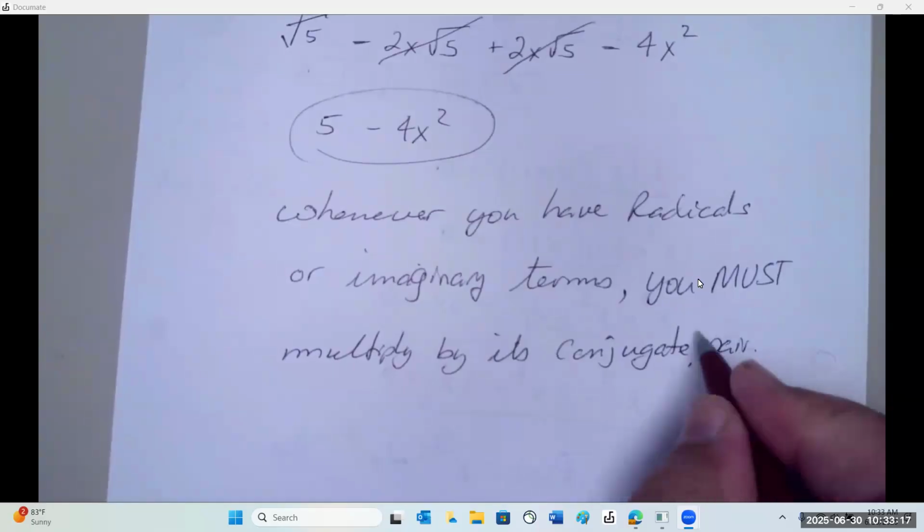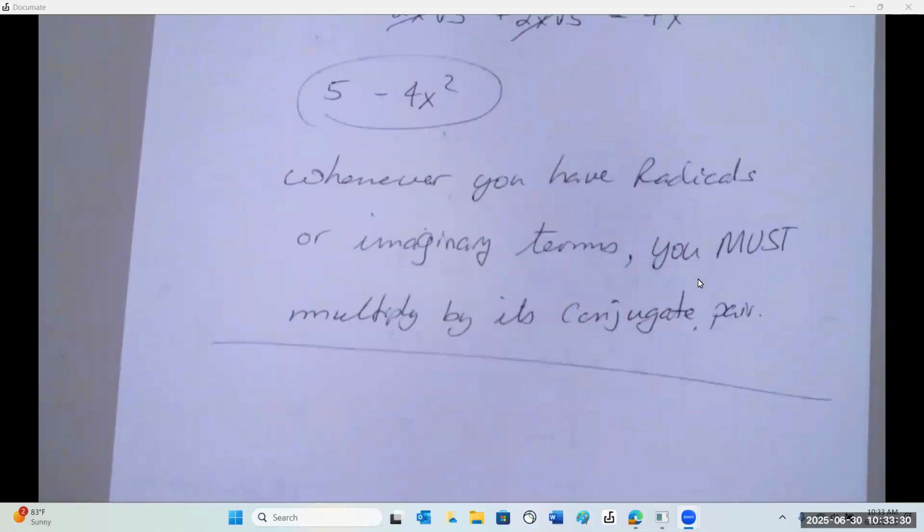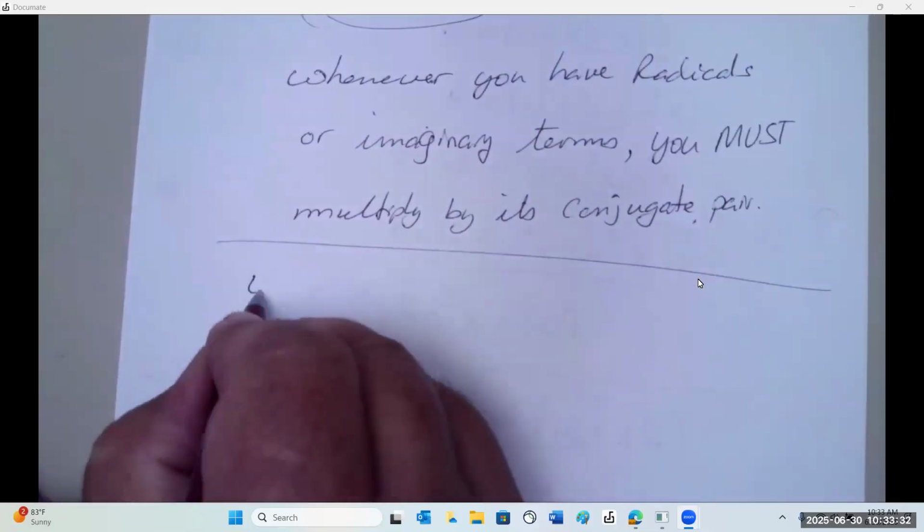Or basically, it's just conjugate. What does that mean? Here's an example.